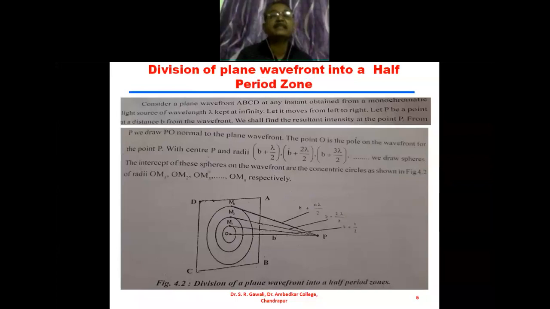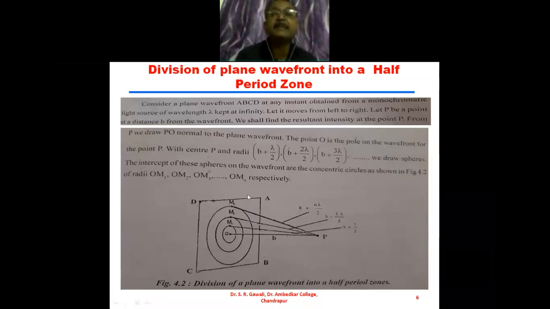You can see in this slide I have shown the point P, which is at a large distance from the wavefront. Consider a plane wavefront ABCD.